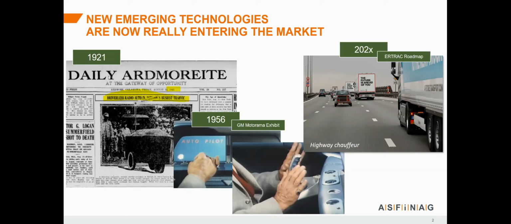And also in the 50s, there were some ideas about autopilot and something like this. But now there are technologies that enter the market that become interesting, for example, those highway pilot technologies. And I think many of you have at least once driven a car with some advanced driver assistance already. So I think things are moving fast here.